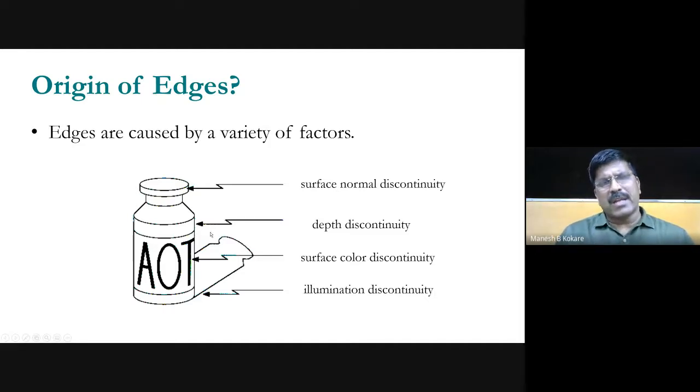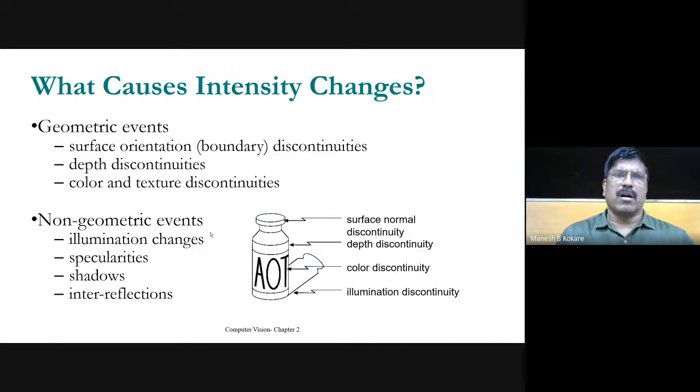So there are several factors behind edges. Which are the causes of edges, the causes of change in intensity? If you look at it from the geometric point of view, or geometric events, like surface orientation or boundary discontinuity, then there will be an edge. If there is a depth discontinuity, there will be an edge.